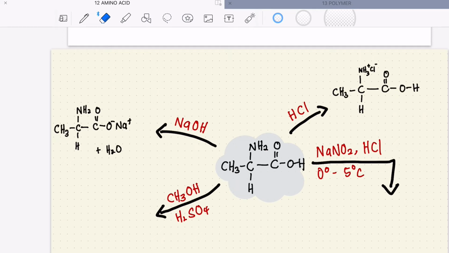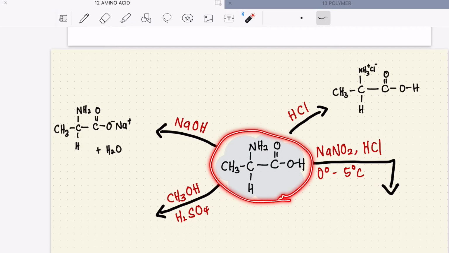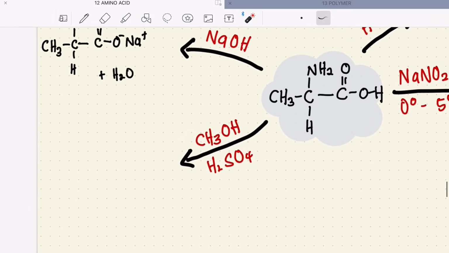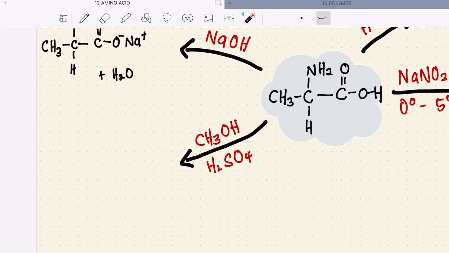Next one is amino acid with alcohol. Now this is esterification. You can refer back to the chapter on carboxylic acids. In esterification, H and OH will be removed. Condensation will happen.